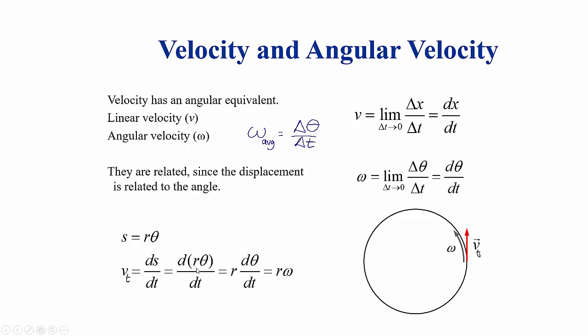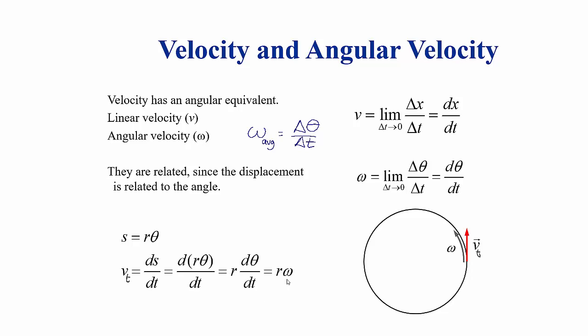So the derivative of r theta with respect to time, where r is constant, is r times d theta/dt. But d theta/dt is omega. So we have this relationship that the tangential velocity is r times the angular velocity.